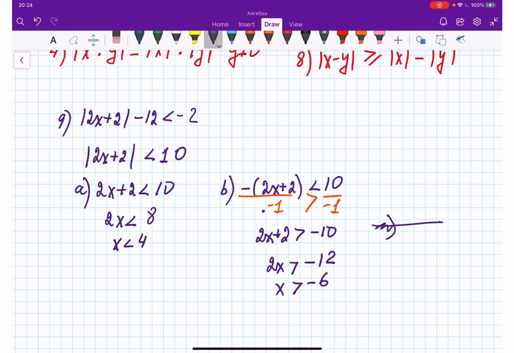This is my 4, less than 4, come this way, and greater than -6. This is my -6, and it's going to be greater than, come this way. So it's going to be between -6 and 4, right? So the answer is between -6 and 4. Okay? Next one.